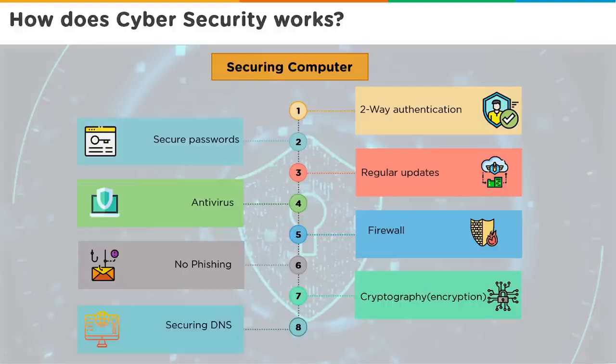And then securing DNS servers. DNS, the Domain Name System, is basically an index that maps your domain names to your IP addresses. Now on the internet, computers do not know domain names. They can only identify IP addresses and MAC addresses. So when we type in, let's say, google.com on our browser, the computer doesn't know what google.com is.